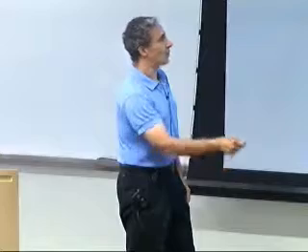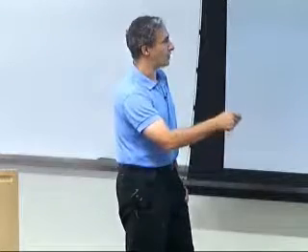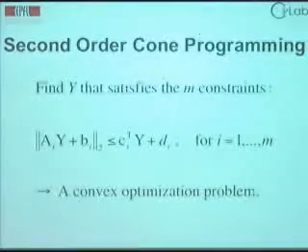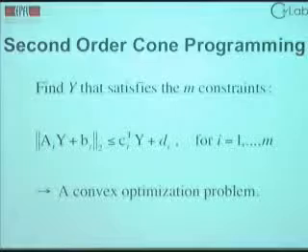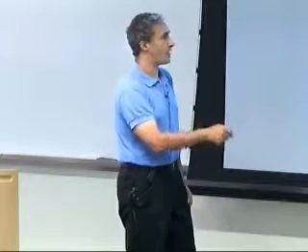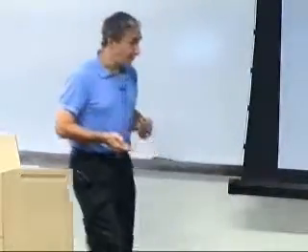What it is: if you can formulate your problem in those terms, find a vector y such that this kind of equation is satisfied for, there are m such equations, and you have to satisfy them. There are ways of solving that. It is a convex optimization problem, and when you've said convex, you've said it could be easily solved. There are good solvers for that. And it turns out that our reconstruction problem can be formulated in those terms.